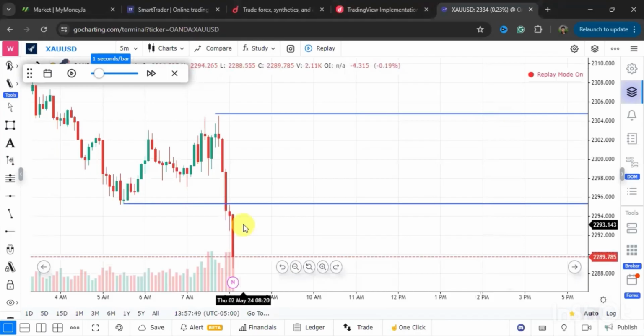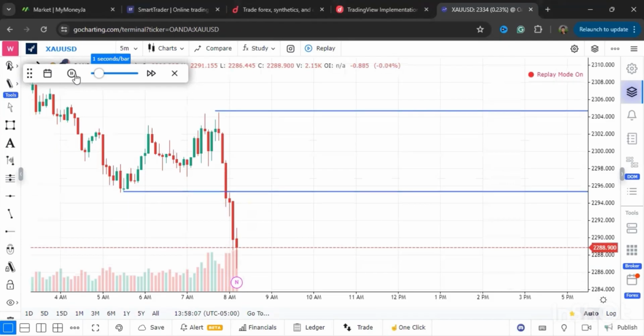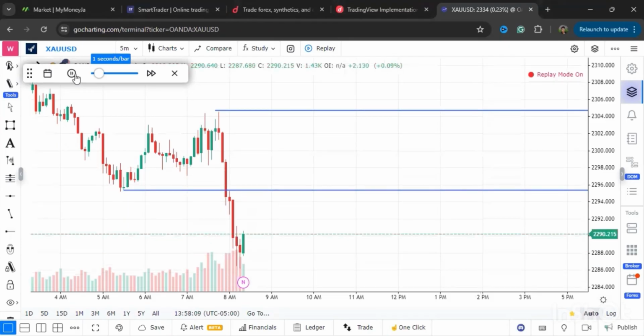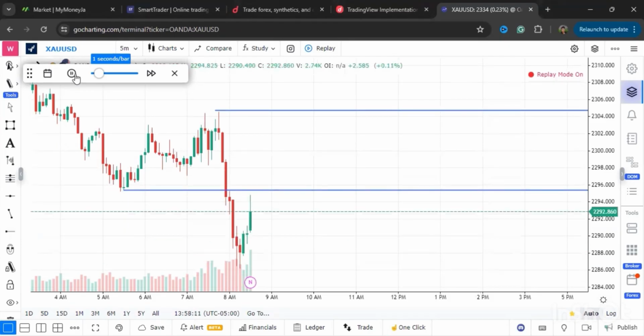All right, it has been swept, right? So then we're going to wait for our market structure shift, which is just the change of character and the break of structure. Different names, but the same characteristics, right? Have we gotten a break of structure?